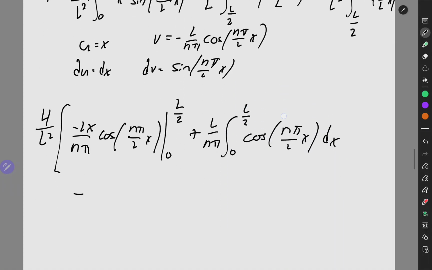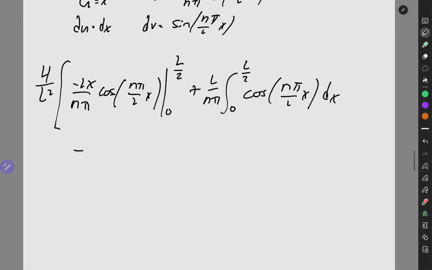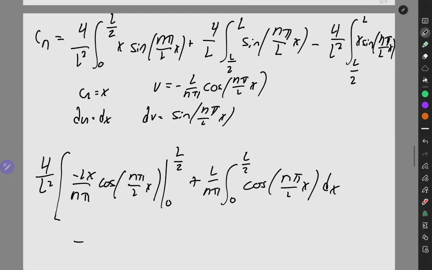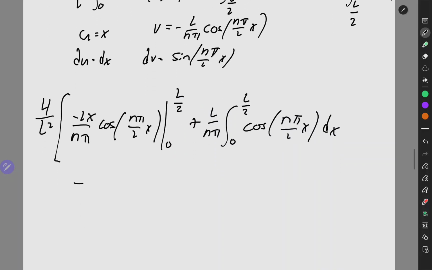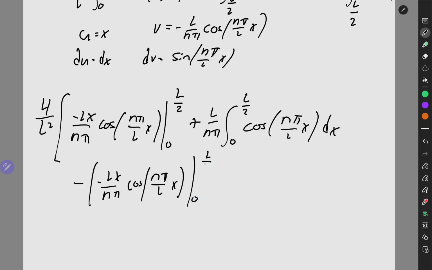Yeah, now this would have to be minus. You have 4 over L squared times, so that's still there. It's going to look exactly the same. The inside's going to be exactly the same, so we can just keep copying it down. The bounds are different though, that's the only difference.